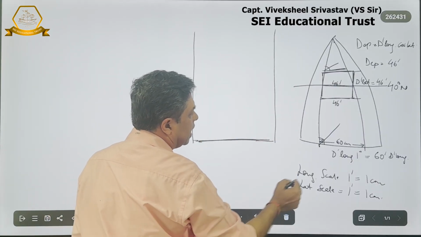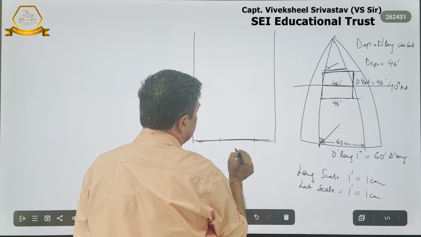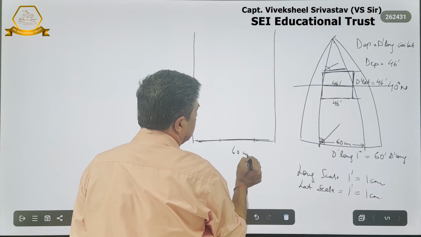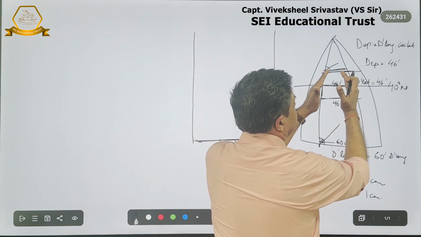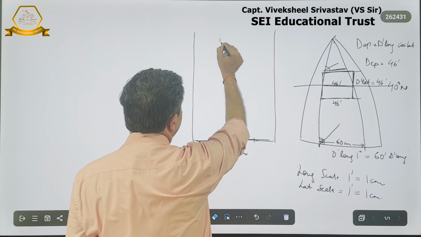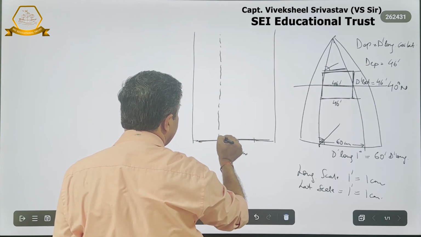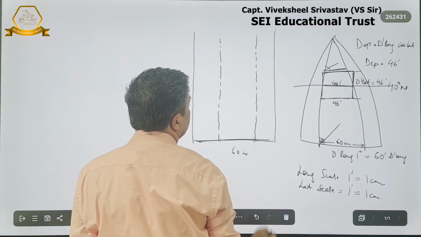Let's see what happens. So this is the full chart, and I've got this d long over here, 60 centimeters, and I stretch these two meridians open, so that they become parallel. Okay.